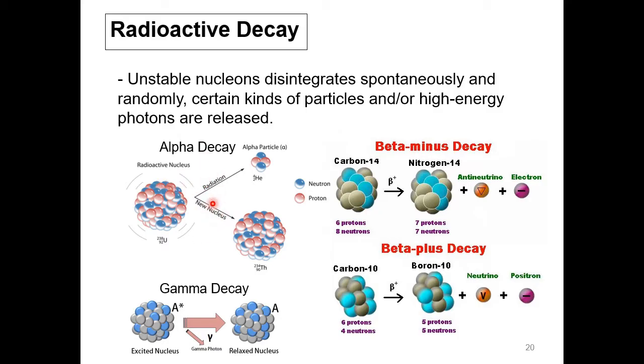The new nucleus produced from the uranium decay is strontium, and helium is released. Gamma decay will produce a relaxed nucleus. In beta minus decay, we have carbon-14, which produces nitrogen-14 plus an antineutrino and an electron, while beta plus decay produces boron-10 plus a neutrino and a positron.